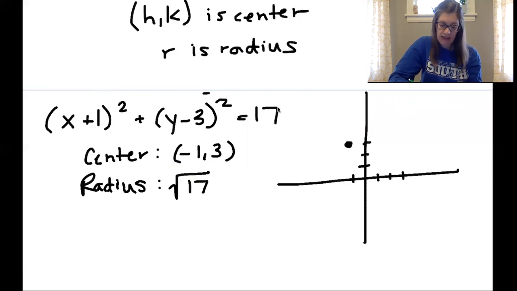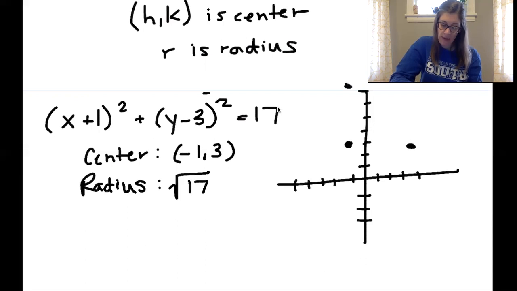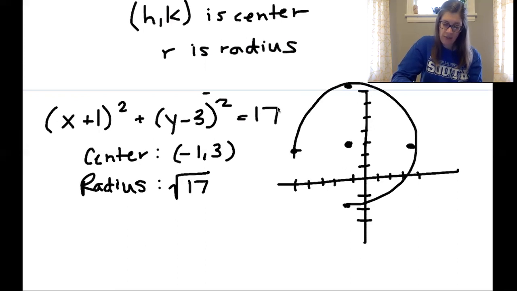And then I'll add in some tick marks so that I can go square root of 17, right, left, up, down, to get 4 points on the outside of my circle. So from this point, I could count 4.1 to the right, 4.1 above, 4.1 to the left, 4.1 down, and then I try to draw that round shape. I've got my circle.